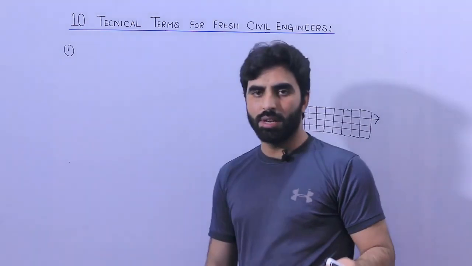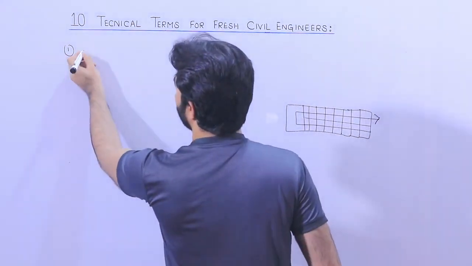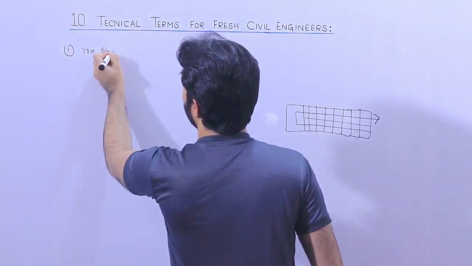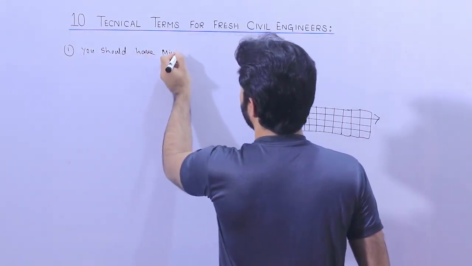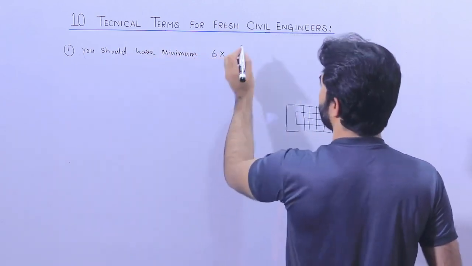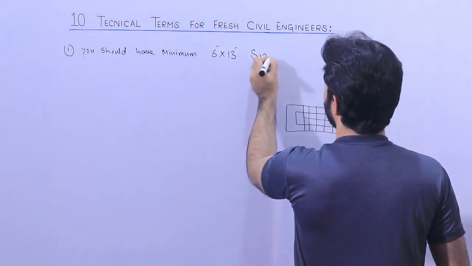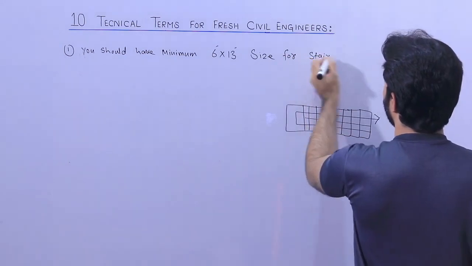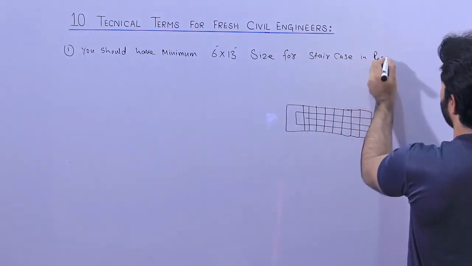Remember, what is the normal or standard size? This is very important, you should have a minimum 6 feet by 13 feet size for a staircase in a residential building.